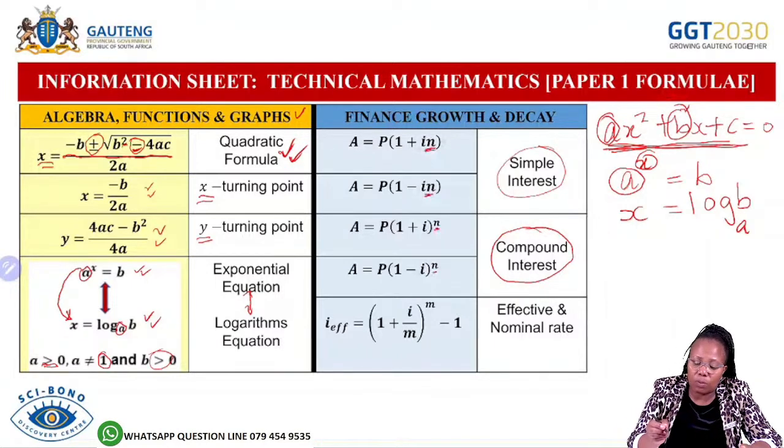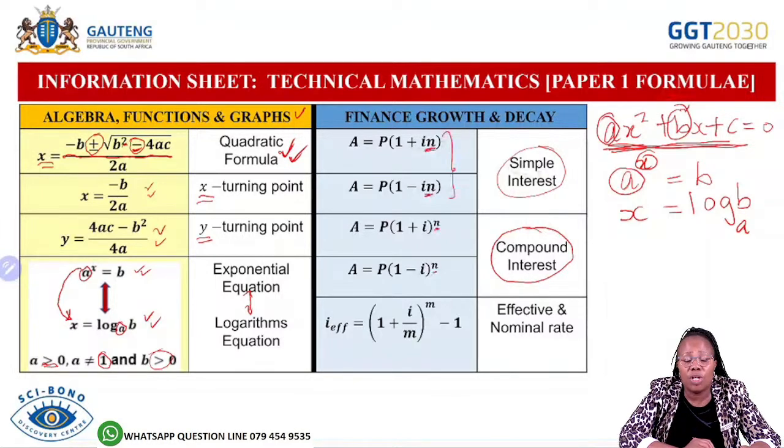That means now, for the simple interest, we are using these two linear equations stating that a is equal to p into 1 plus in and a equal to p into 1 minus in. And then now for the compound one, we are using a is equal to p into 1 plus i to the power n. Can you see now it is now exponential?